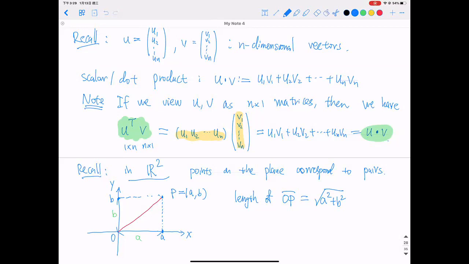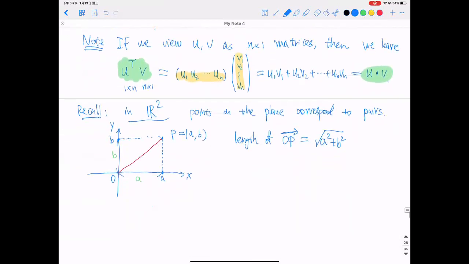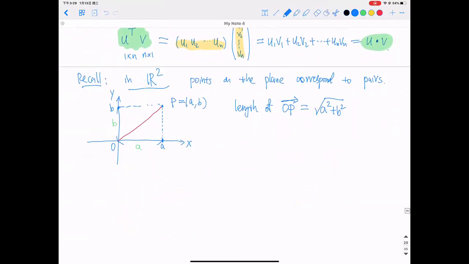And this length, we should also think of it as the length of the vector going from O to P. And this is also true in higher dimension.